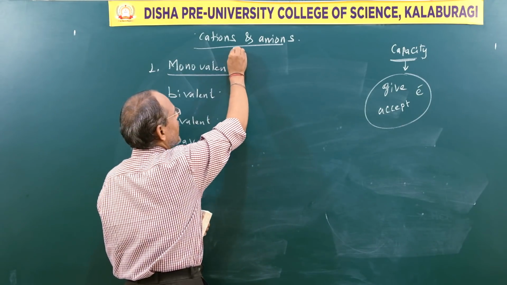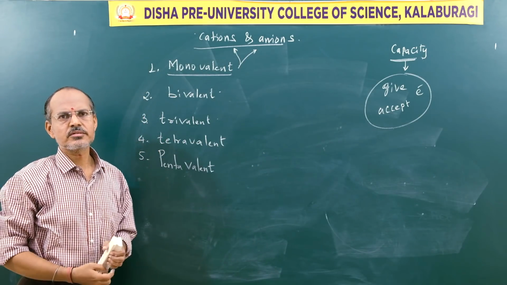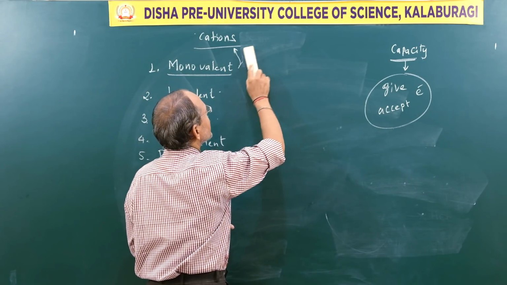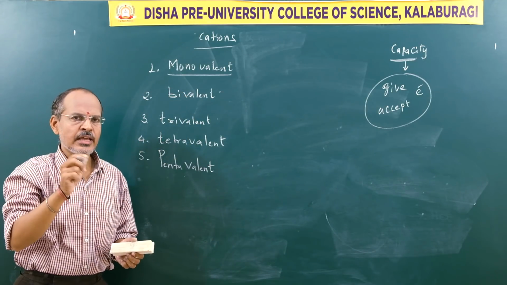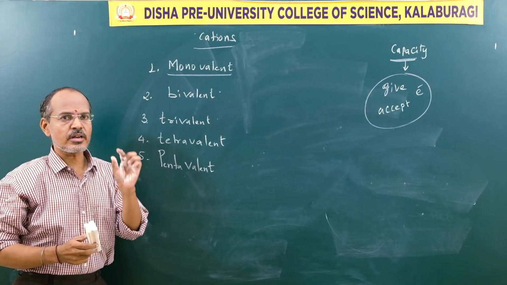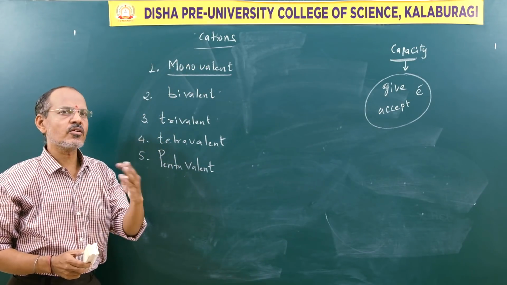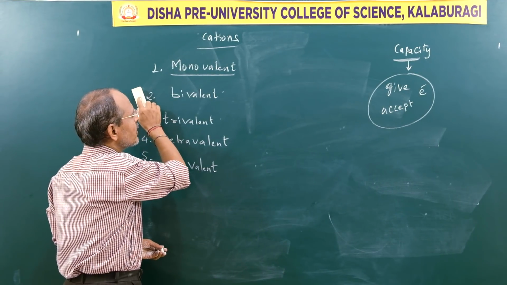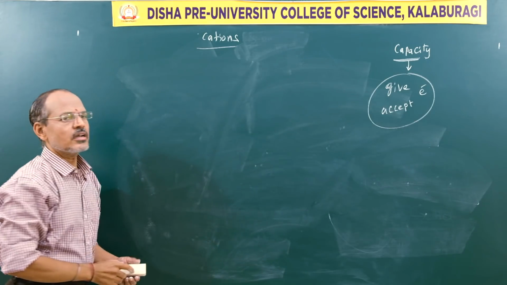It may be a cation or it may be an anion. Both. Now we'll see about cations first. Monovalent. So here I will give you some important monovalent cations and their names. Later on we'll see how to write the formula. Now first we'll concentrate on cations.